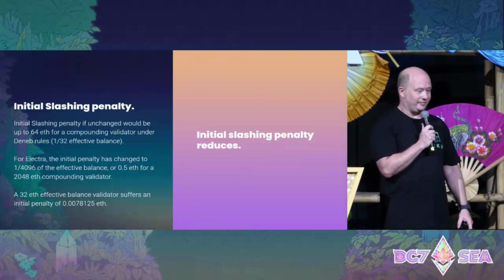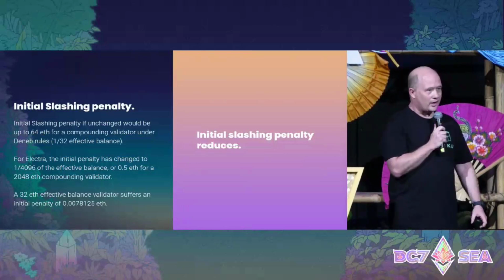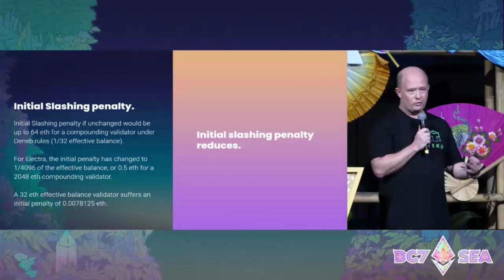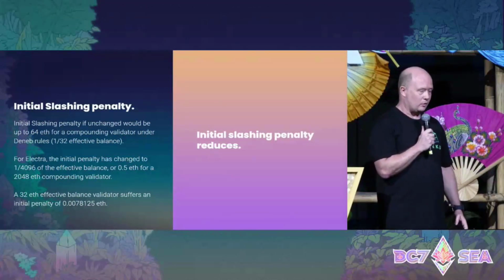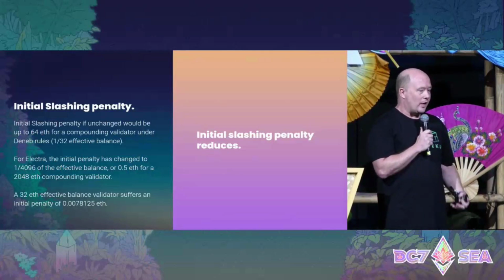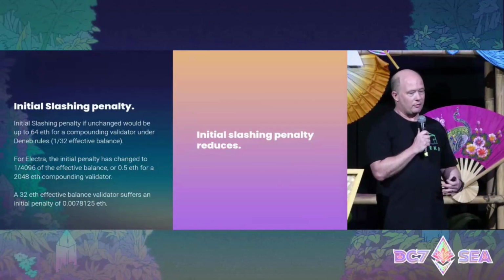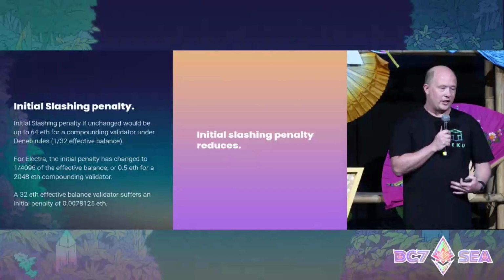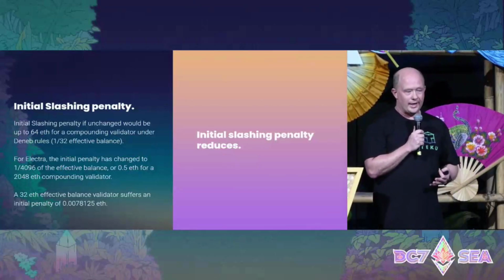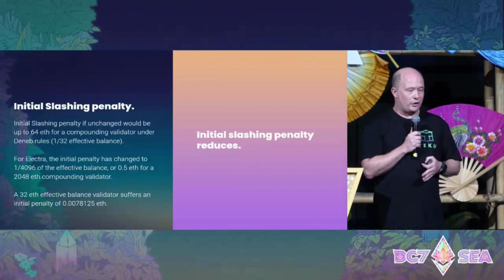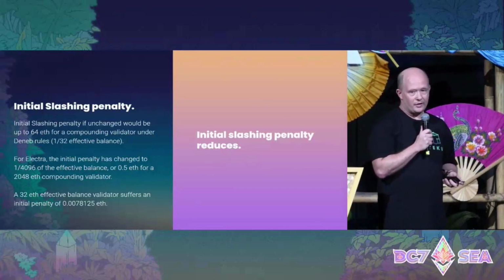That's quite a bit of a barrier to entry for wanting to use this actual change. So we have changed the quotient, and the net result is in Electra, the initial penalty for a 2048 ETH validator, if they were to perform a slashable event, would be half an ETH.